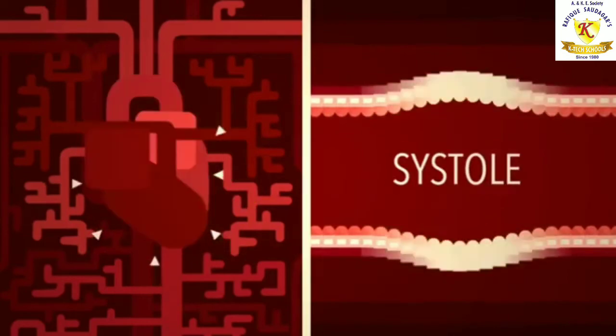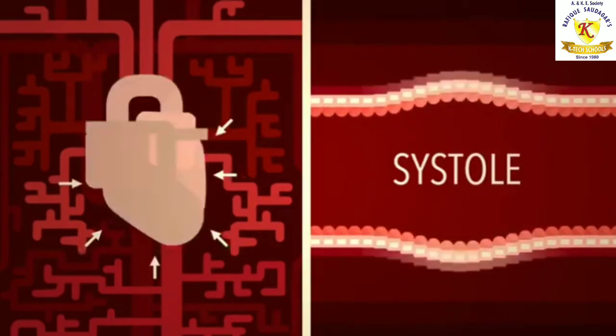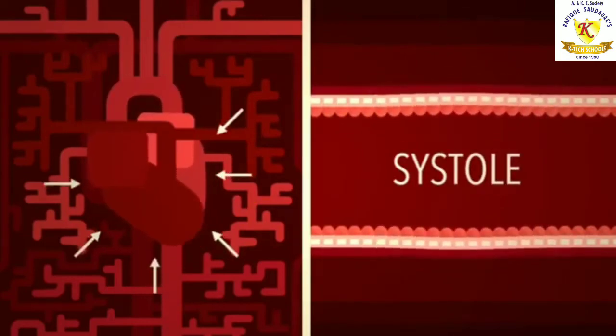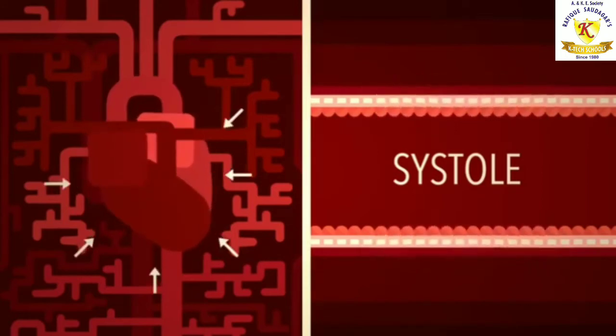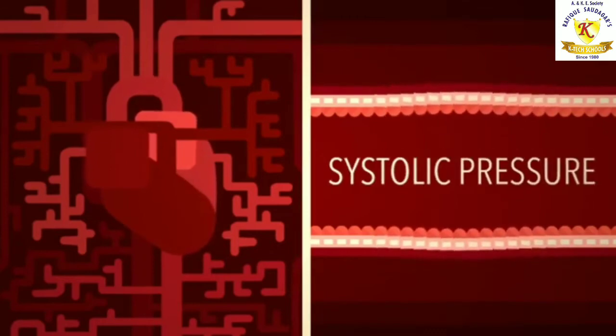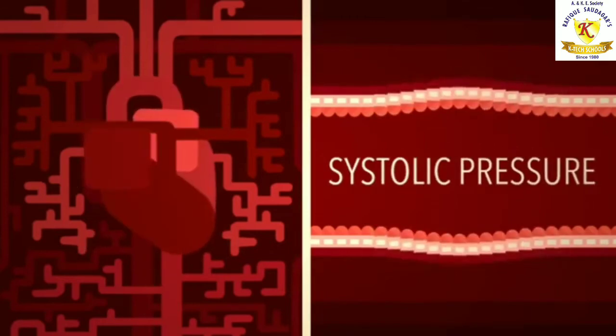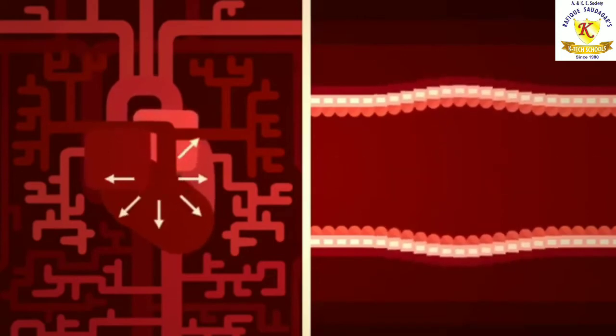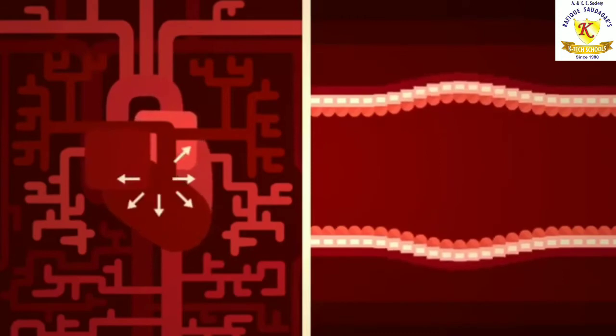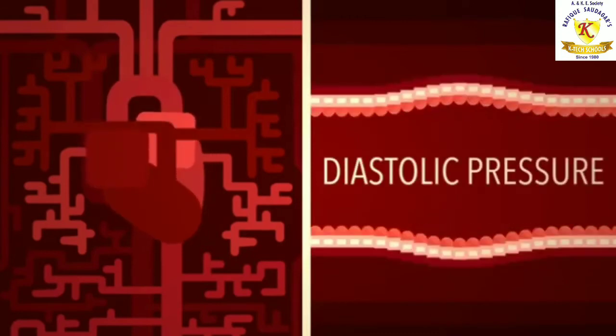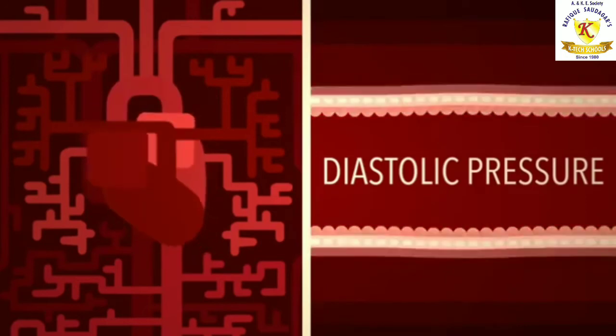It is highest during systole, when the heart contracts to force blood through the arteries. This is called the systolic blood pressure. When the heart is at rest between the beats, blood pressure falls to its lowest value, called diastolic pressure.